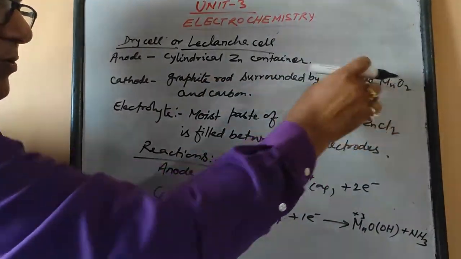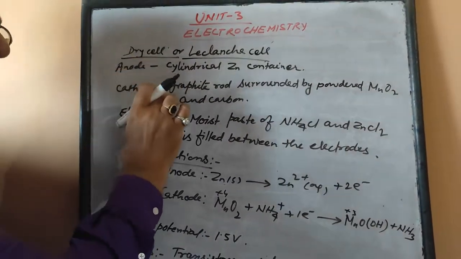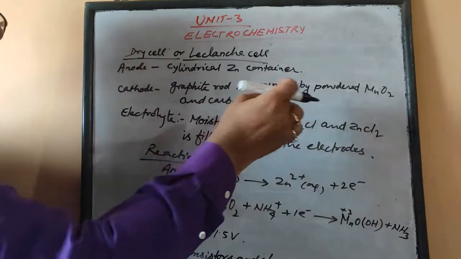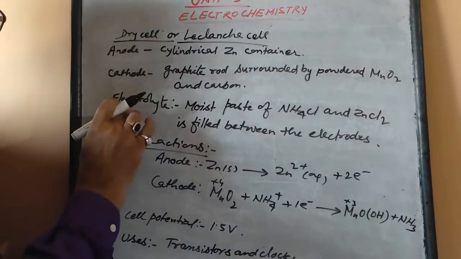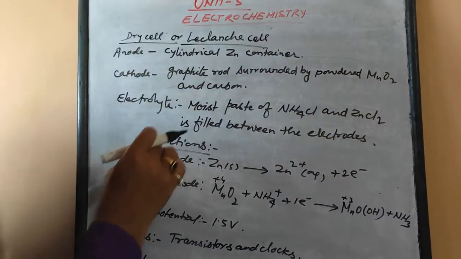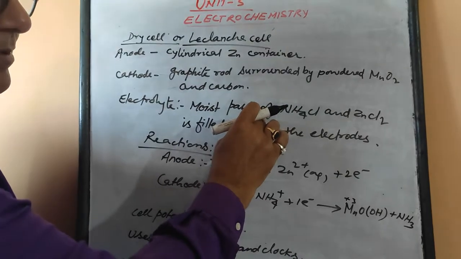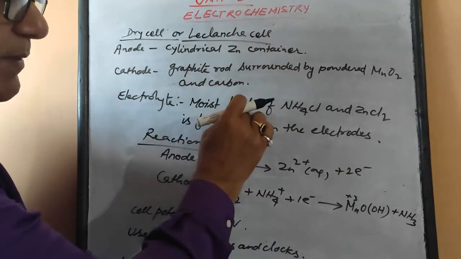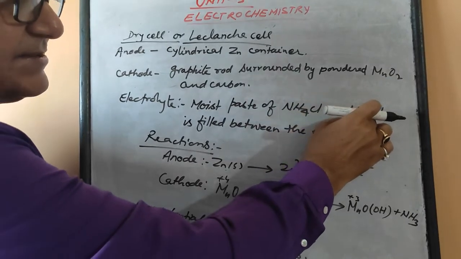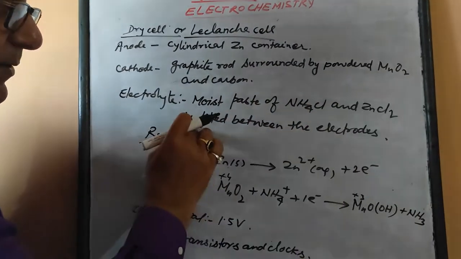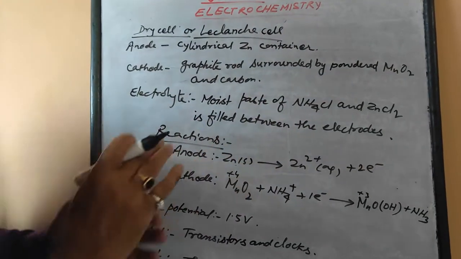What is the electrolyte here? Electrolyte is a moist paste of, mind it, moist paste of NH4Cl, ammonium chloride, and ZnCl2, zinc chloride, which is filled between both the electrodes.